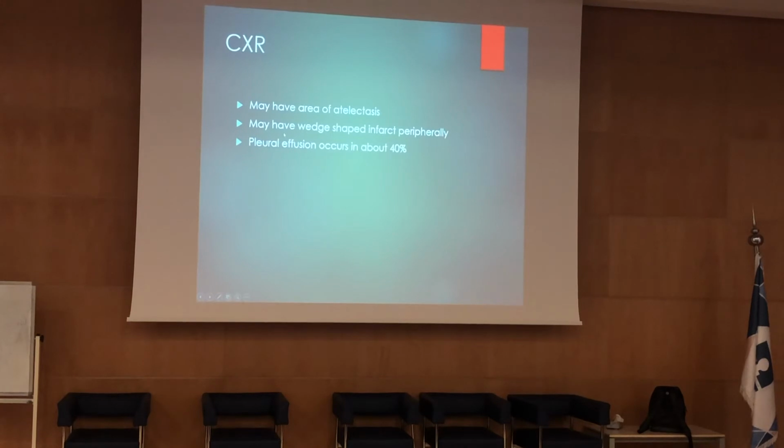And sometimes, which you will take in the radiology lecture, we call it a wedge-shaped infarct in the periphery. What does that mean? That means absence of the pulmonary parenchymal tissue in a specific place. You're going to see no parenchymal tissue, only a dark area.